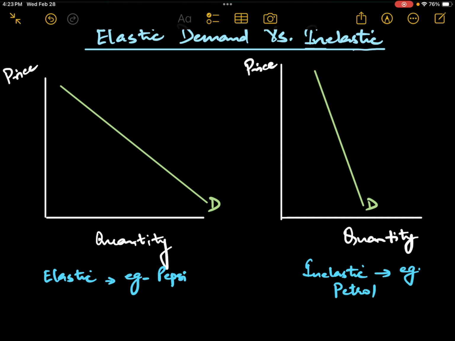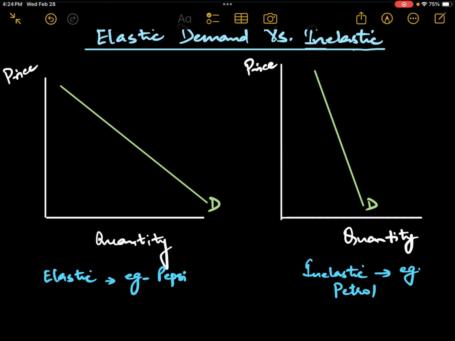For example, if we take Pepsi, if the price of Pepsi goes up, people do have substitutes available. They can definitely look at Coke as cheaper compared to Pepsi.